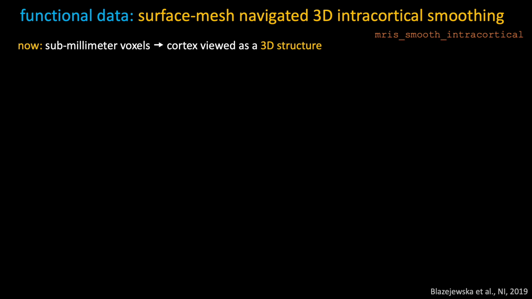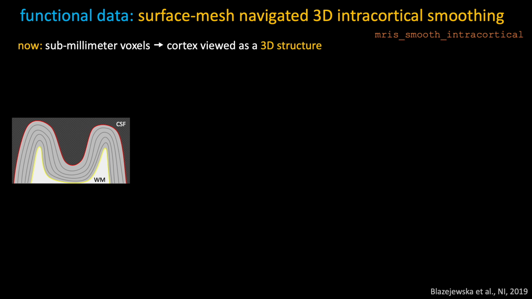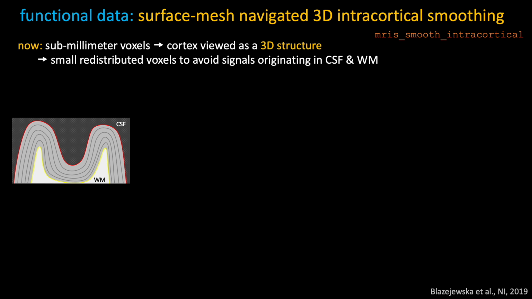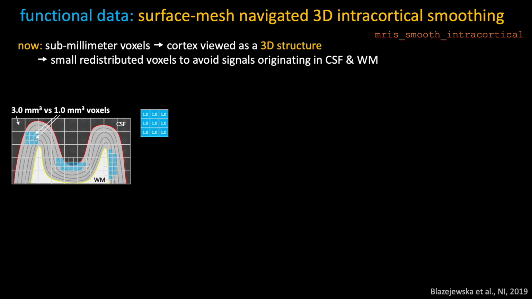The background is that we decided that since we have sub-millimeter voxels, as I said, we can look at the cortex as a 3D structure. So this is our cortex. We can take the small voxels and redistribute them in a way that avoids signals originating from CSF and white matter. If the big boxes are big voxels and the small boxes are small voxels, that's kind of obvious.